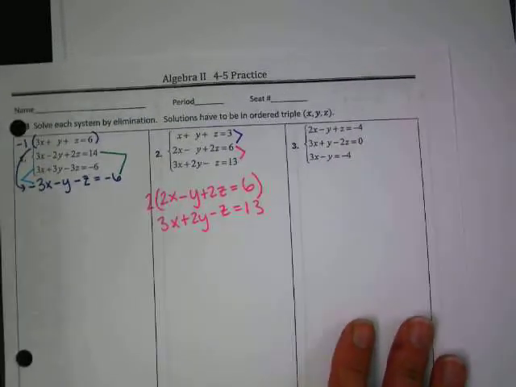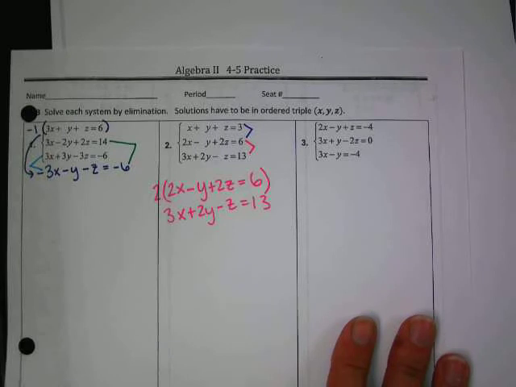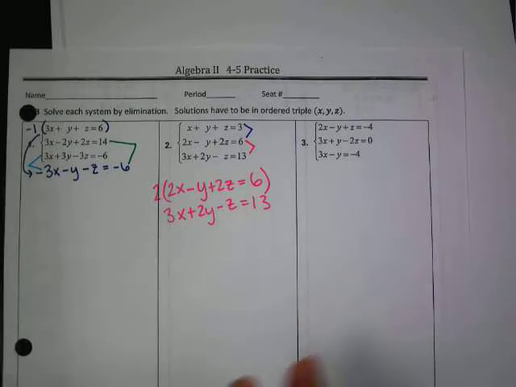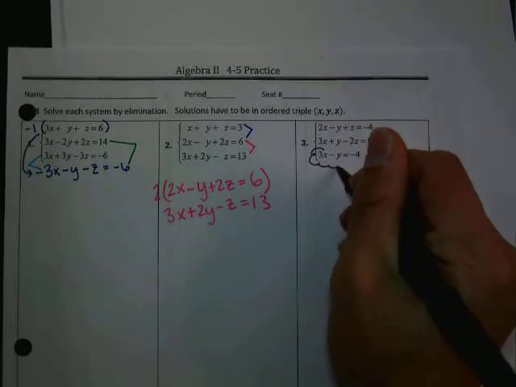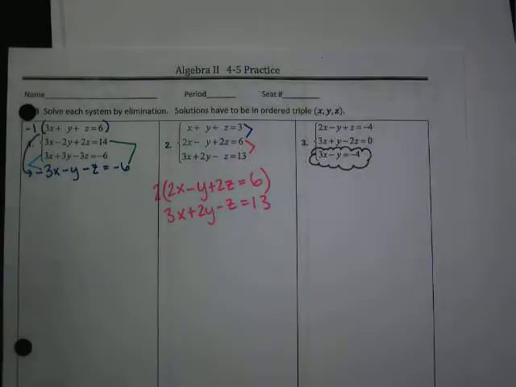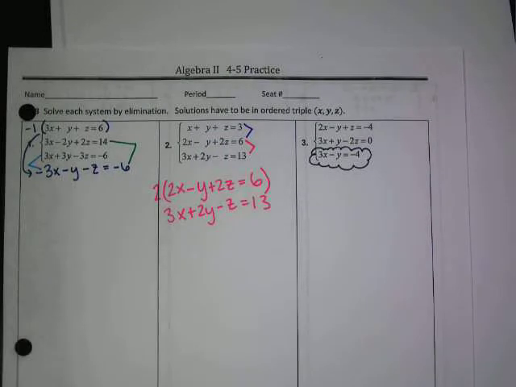On number 3, if you notice, I already have an equation of 2 variables. I have an equation in terms of x and y. So there's one of my bubbled equations without having to do anything.